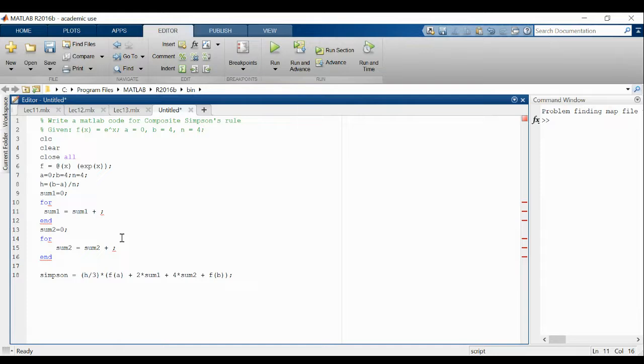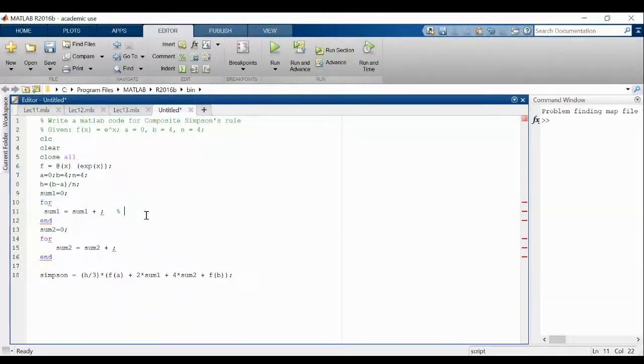Now the question is how to write this sum 1. If you remember the formula, actually I have to open the book, it was 2 times the sum of even-indexed function values plus 4 times the sum of odd-indexed function values. So it was like f of a, and I make a comment here.